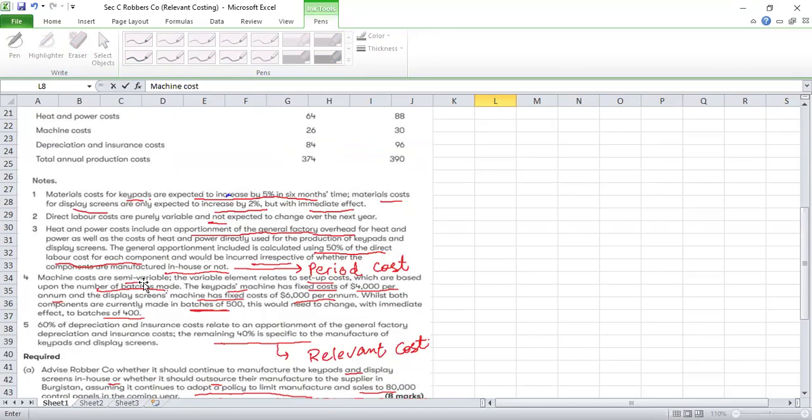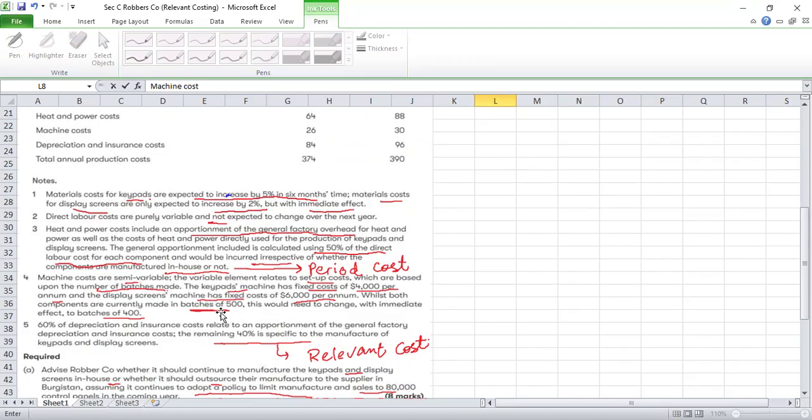Machine costs are semi-variable. The remaining, the variable elements relate to setup cost, which are based upon the number of batches made. Okay, half of the machine cost is basically fixed, and half is variable. And it is based on what?